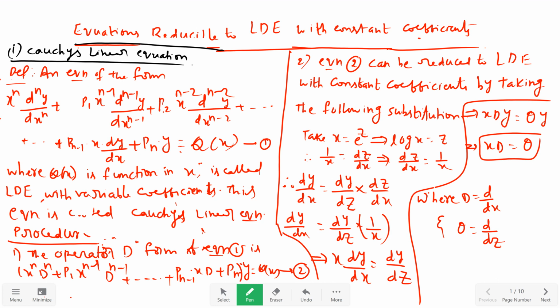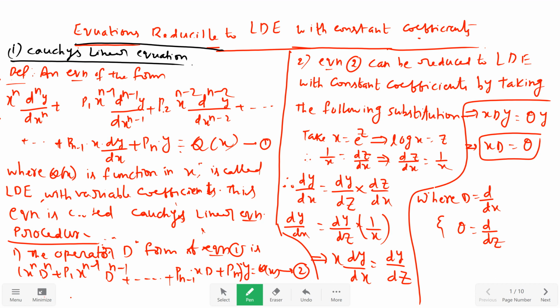We take the simple substitution x is equal to e^z. Taking log on both sides, we get log x is equal to z. Now differentiate with respect to x on both sides. Then we get 1 by x is equal to dz by dx. That implies dz by dx is equal to 1 by x.